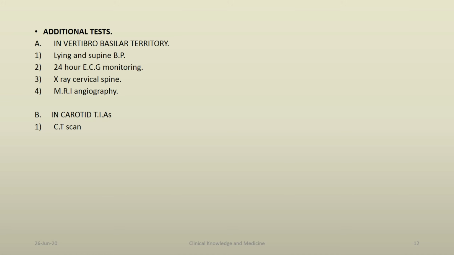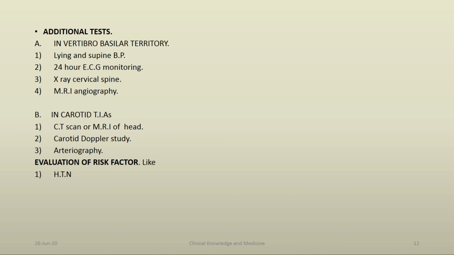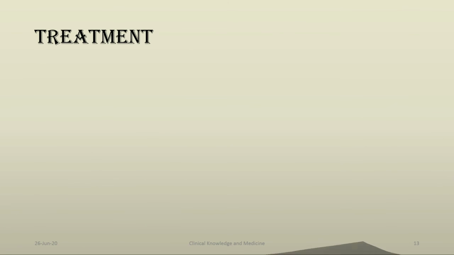In carotid transient ischemic attack, CT scan and MRI of head, carotid Doppler study, arteriography. Evaluation of risk factors: hypertension, diabetes mellitus, atrial disease affecting heart and limbs, cardiac disease, smoking.